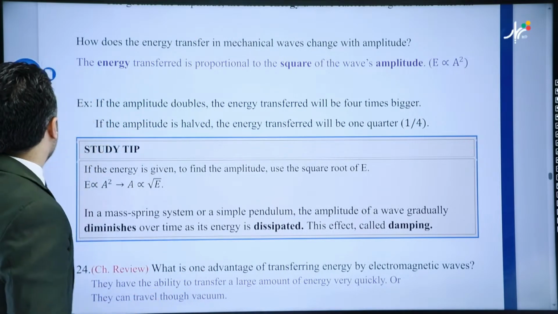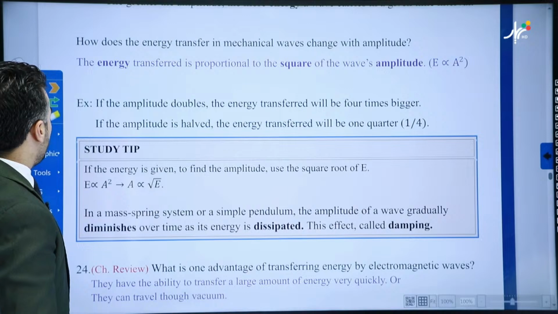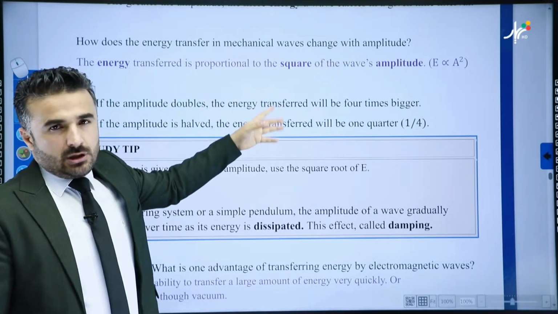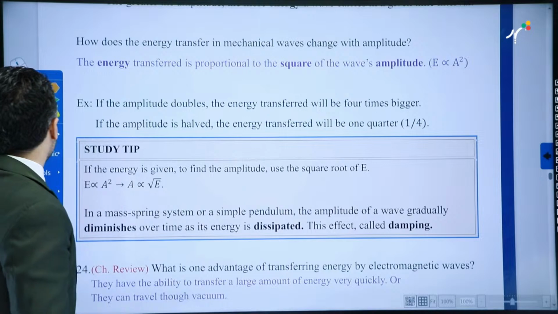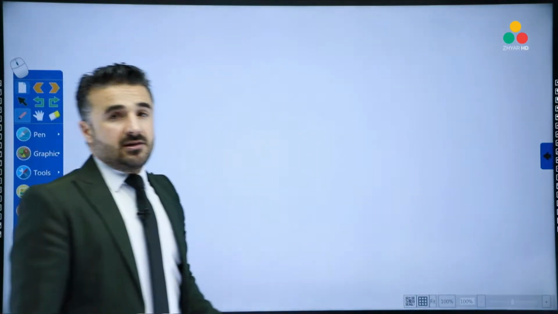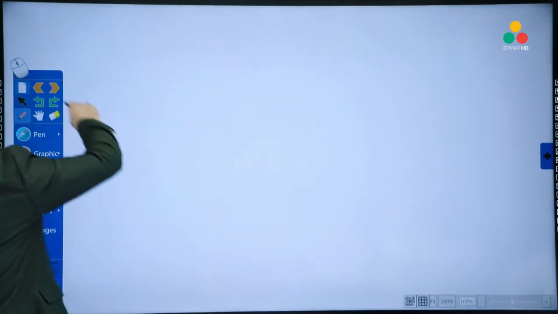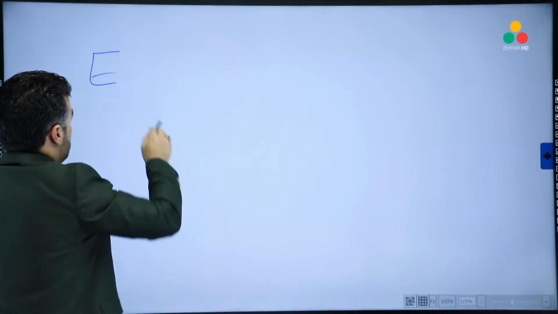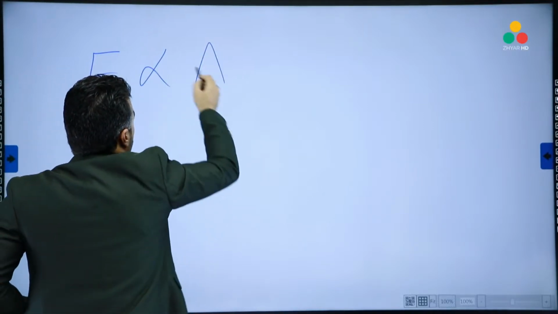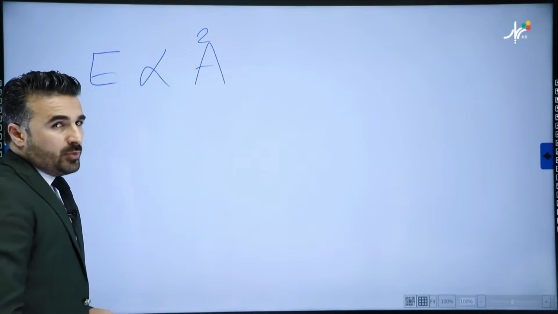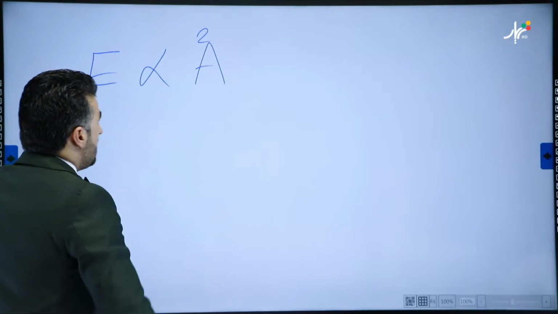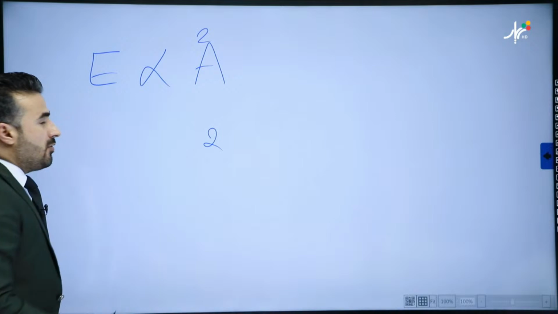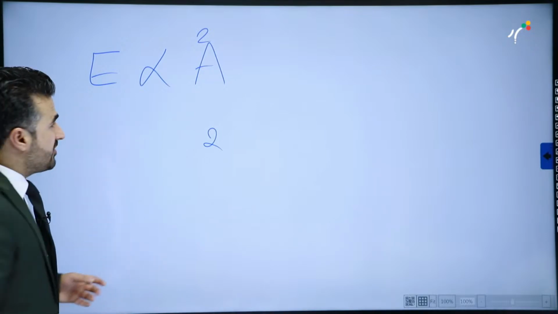Now, something very important: how does the energy transferred by a mechanical wave change with the amplitude? We know that the energy transferred is directly proportional to the square of the amplitude. That is a very good point, and we need to pause on this. It means that if we double the amplitude, by what factor will the energy transfer increase?